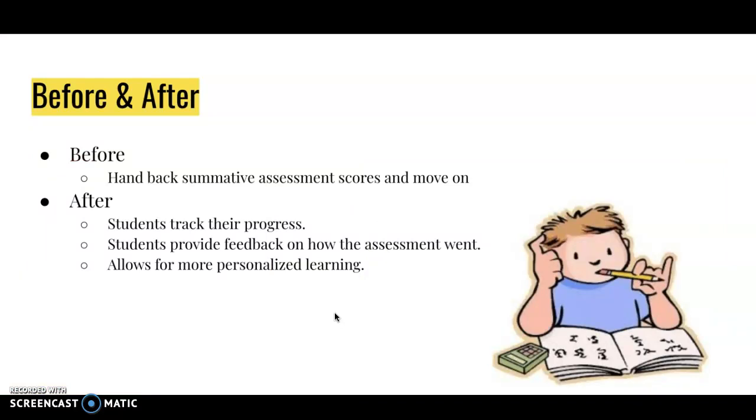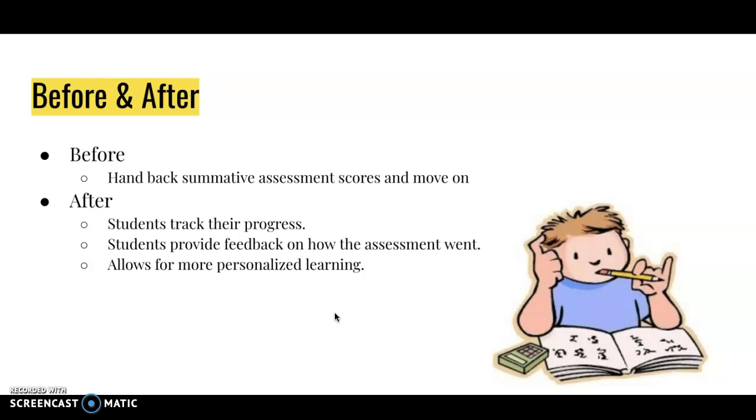So before and after: my first several years of teaching, whenever I gave a summative assessment that ended a unit, I would hand back scores, and if enough students understood the material, we would move on and start the next thing. It seemed like a clunky way to go between units, and it didn't really provide for a whole lot of individualized learning or student feedback.